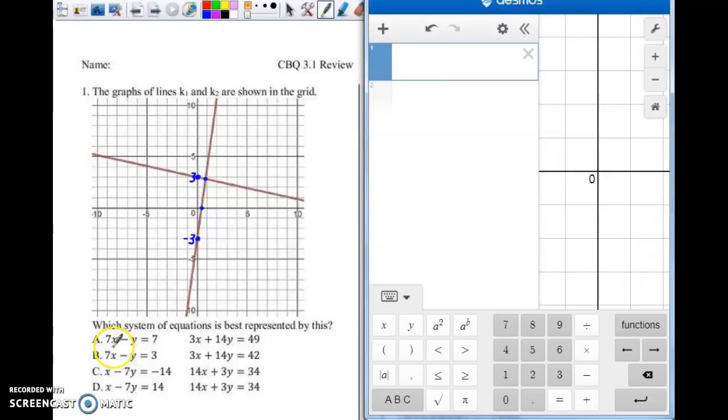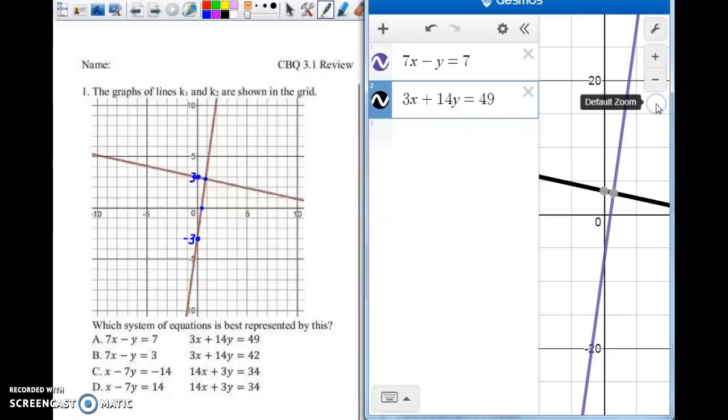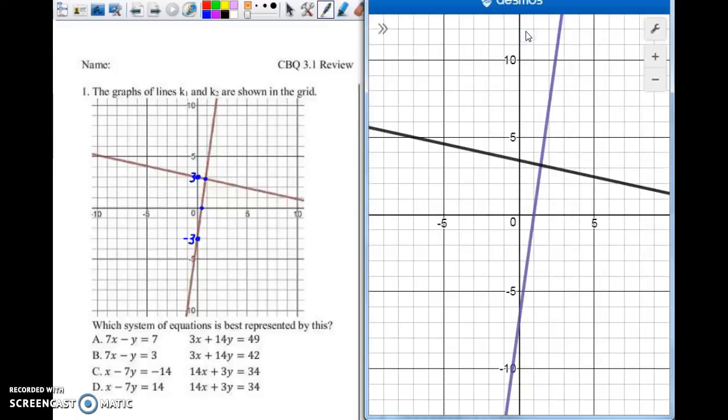So A is 7x minus y equals 7. And the second one is 3x plus 14y equals 49.